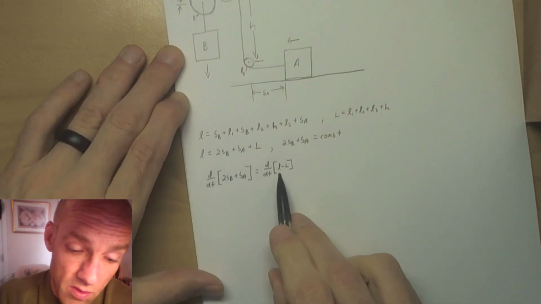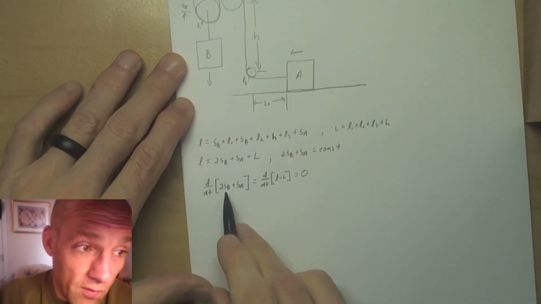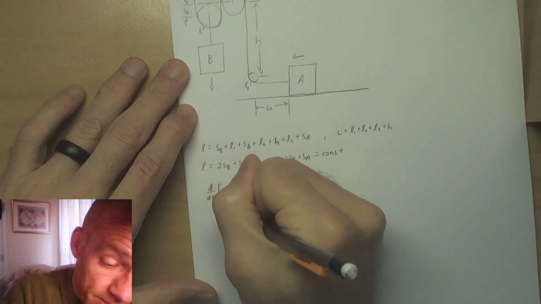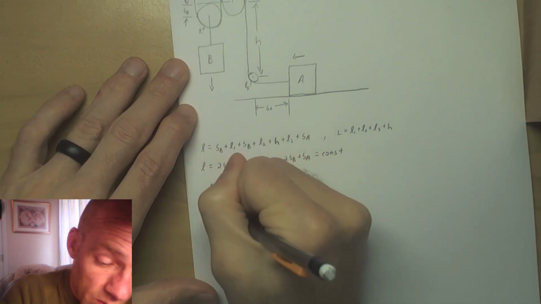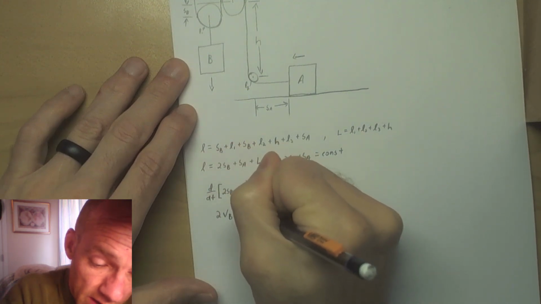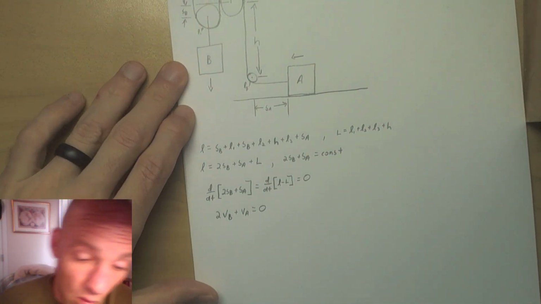This is a constant, so that's going to be equal to 0. And what's the derivative of SB? That's just going to be the velocity or the speed. So 2VB plus VA equals 0.